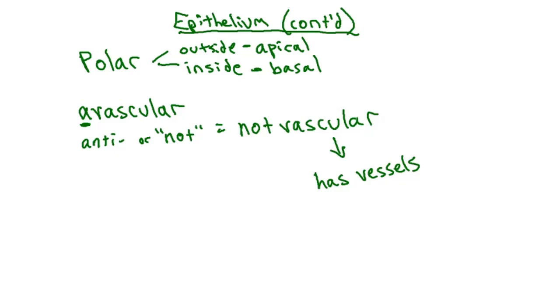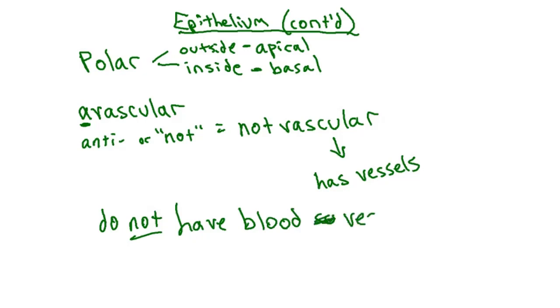So epithelial tissues do not have blood vessels. They rely on the connective tissue that they're connected to for their nutrition supply and oxygen supply and everything. So they do not have blood vessels.